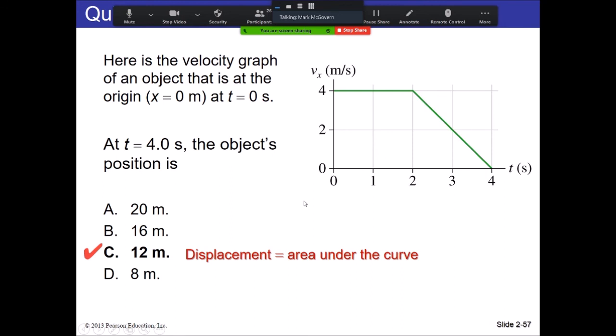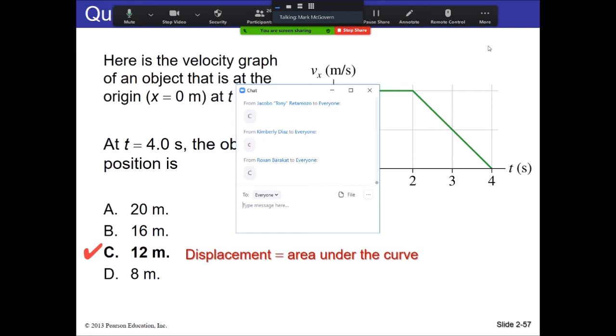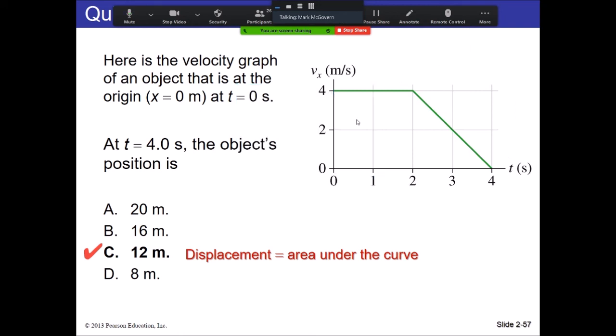This is right. Now, one very subtle detail here that you need to be aware of. Technically speaking, if you're working areas under the curve here, you're working out displacement. What we know is that wherever we were originally, we have moved 12 meters to the right.